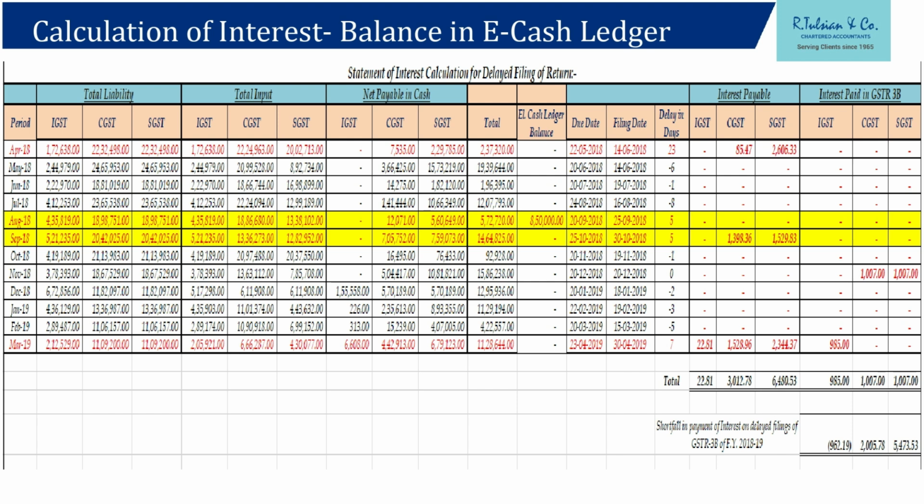If in the electronic cash ledger I have deposited on or before the 20th of September, whatever amount, it will be considered to be already deposited with the government, and we will get the benefit of our balance in the electronic cash ledger if deposited up to the due date of filing of that return.